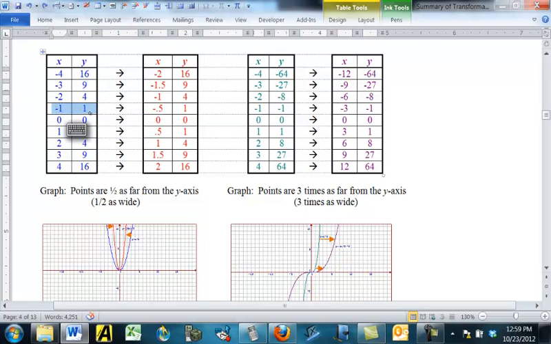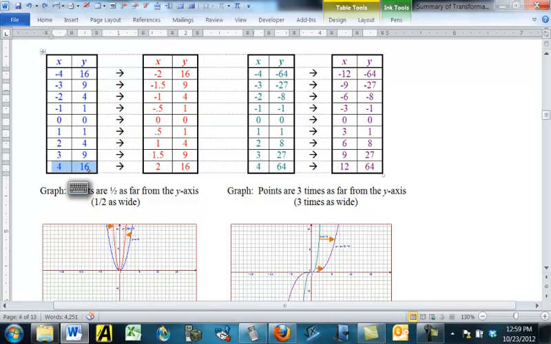negative 1, 1, those are now going to be the same height, still 1 for the height, but the distance from the y-axis, the x value, is going to be half as much. So now it was 1 away, now it's a half away. If you look down here, this one was 2 away from the y-axis, now it's only 1 away, it's half as much.